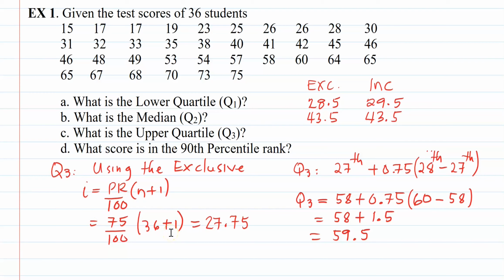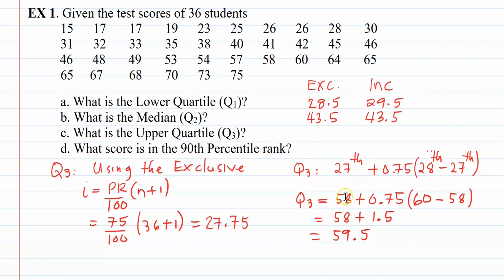Now using this position number to find the Q3, our Q3 will be located on the 27th position plus 0.75 of the difference between the 28th and the 27th. The score on the 27th position is 58.